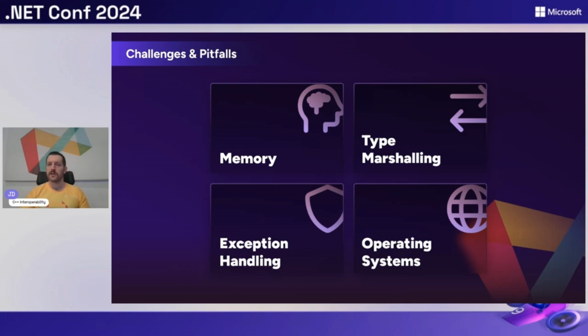Next is type marshalling. Real world use cases will require custom type marshalling to translate your objects between a type that's compatible with C++, and then into a type that's compatible with .NET, and vice versa. This can increase the complexity of your code and make debugging a bit more difficult.